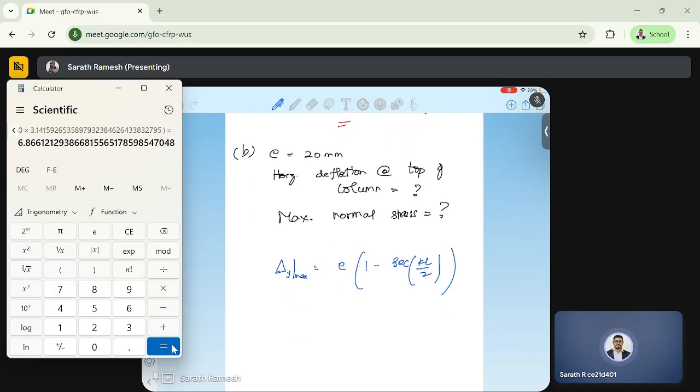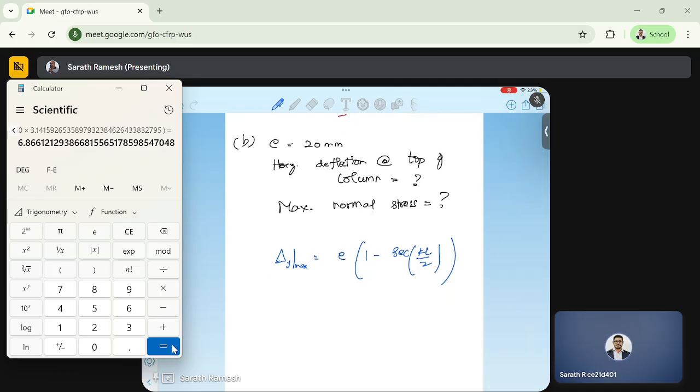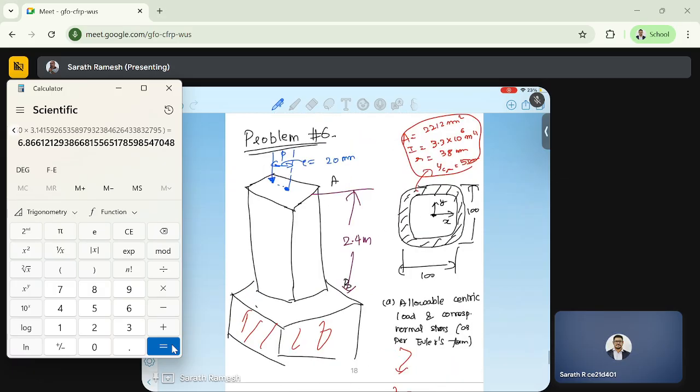Okay, everything is there. We can substitute and get the maximum deflection. Also, we can straight away find the maximum normal stress. That is P by A into 1 plus e yc max by r square secant of KL by 2. Okay, so it's straight away substitution. Fine. That's it.